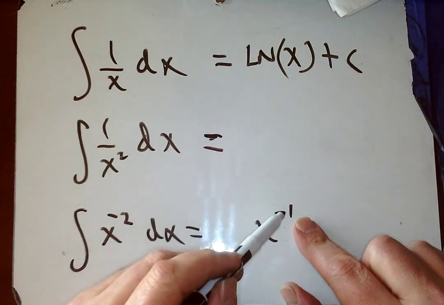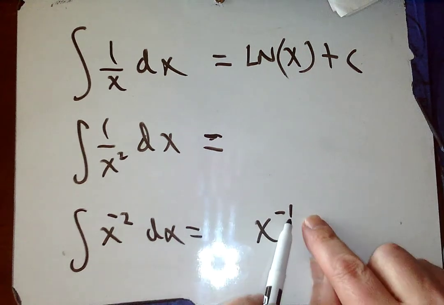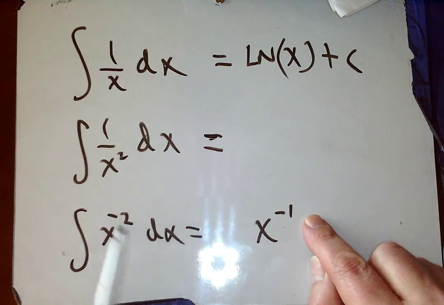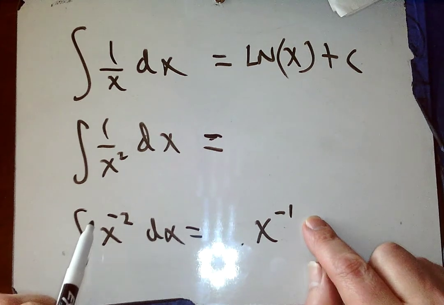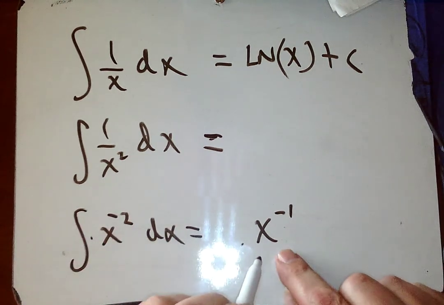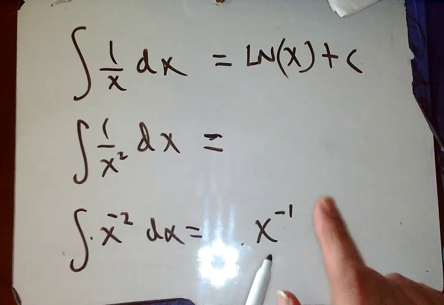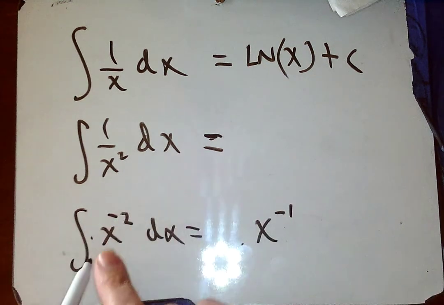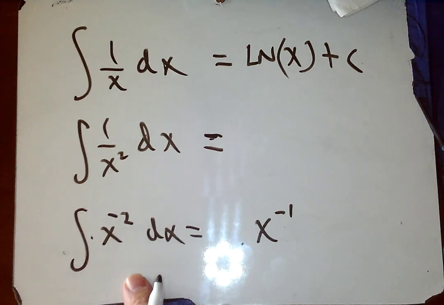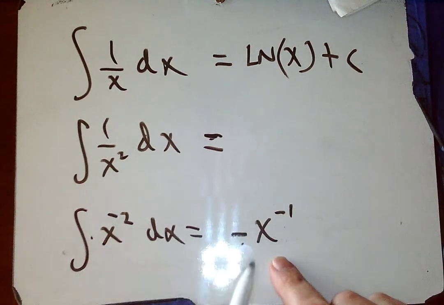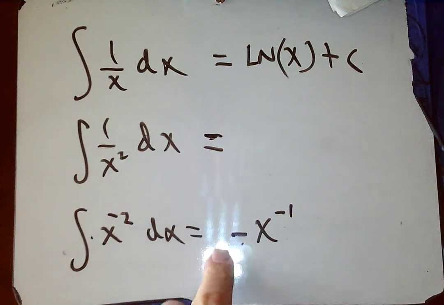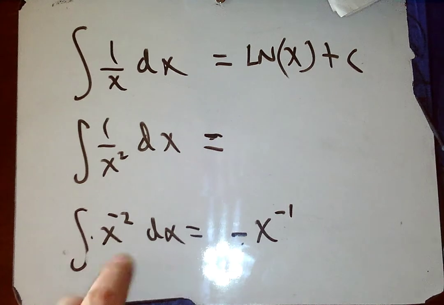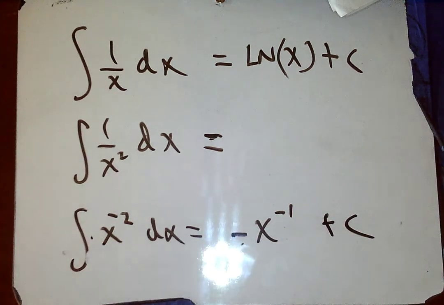So if I take the derivative, that minus 1 comes down, and I subtract 1 here to give me that negative 2. But there should be a minus 1 here when I take the derivative, and there's no minus 1 there. So what must be present in the original function so that when I take the derivative of the original function, I end up with this positive x to the minus 2? Well, that means there must be a negative there already, so that when I bring down another negative, negative times negative gives me that positive out in front. Please don't forget the plus c.